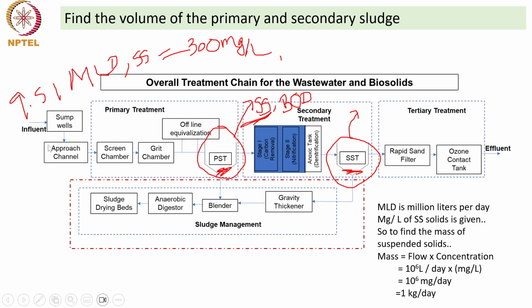The BOD entering is 350, and at PST, 34 percent of BOD is getting removed. So what will be the BOD entering the MBBR stage?